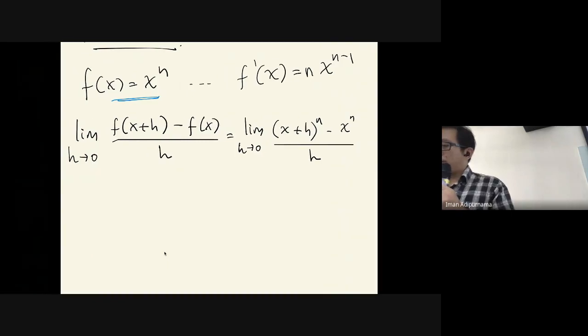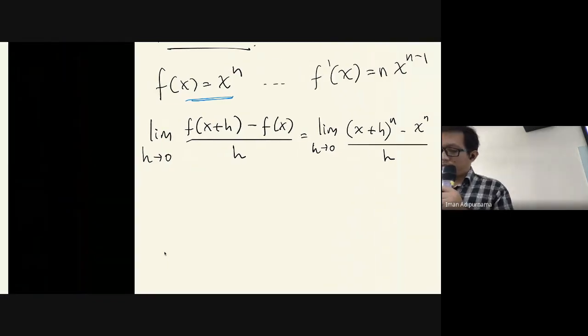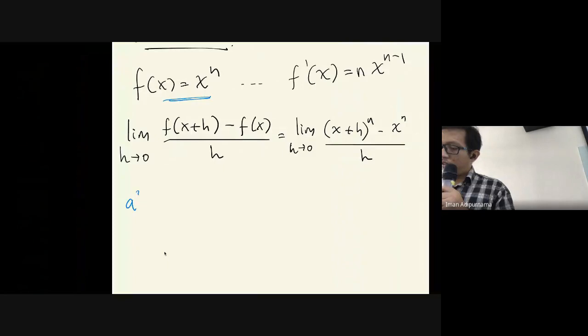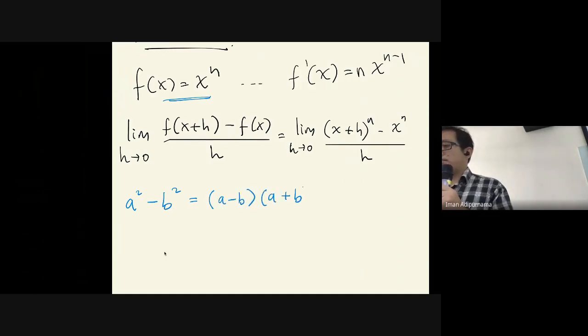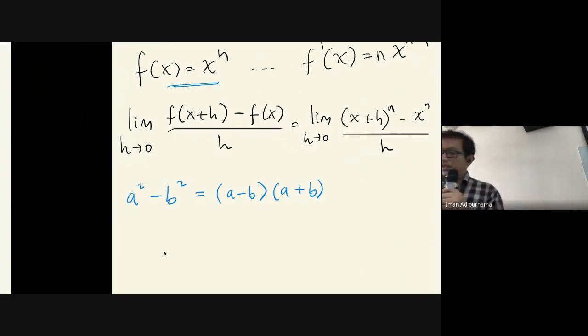But let's see if you remember. If you have a squared minus b squared, you will have this, right? Usually in an exam or any test that has algebra, this form sometimes helps a lot, right?